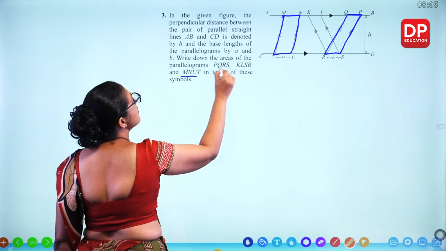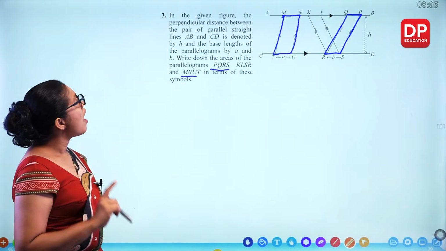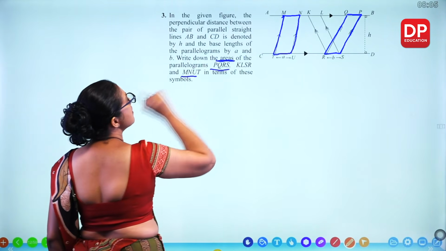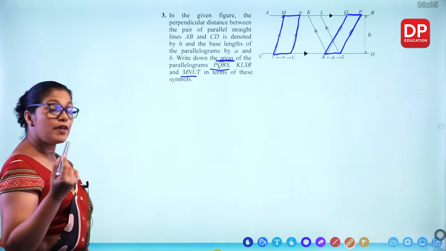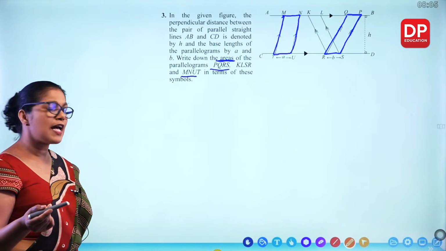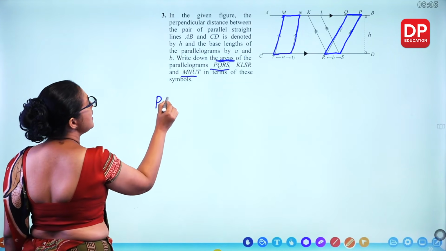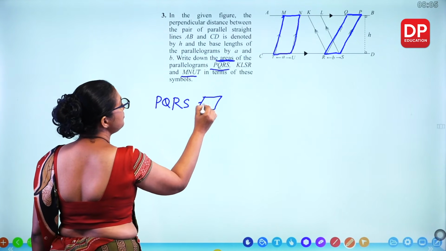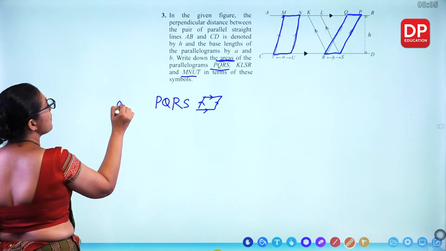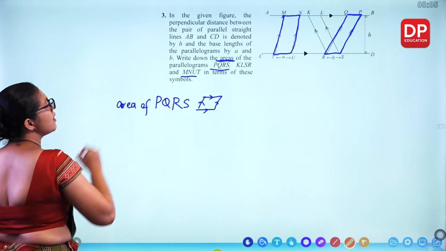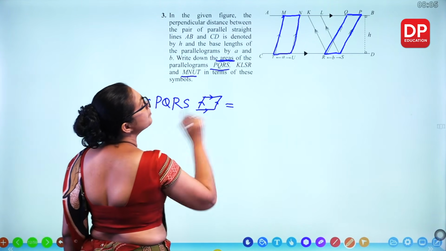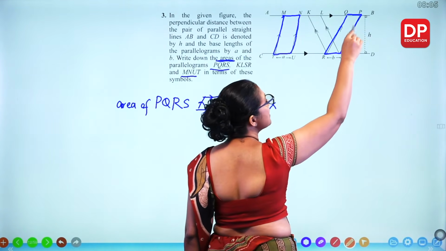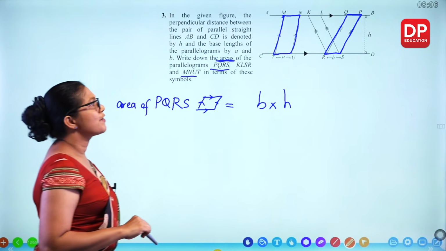PQRS parallelogram. And you are asked to write down the areas of the parallelograms. We know area of a parallelogram is base times height. So what's the PQRS area? Area of PQRS parallelogram is, base is b, and the perpendicular height is h.